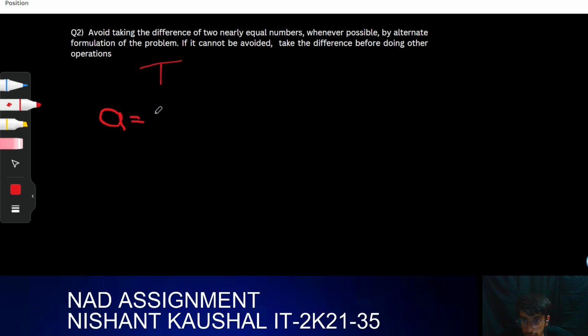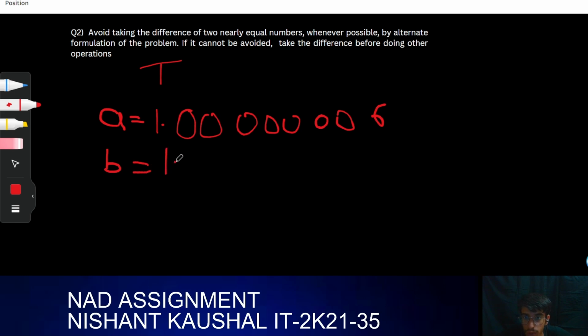Let's say A is 1.00006 and B is 1.000000005.